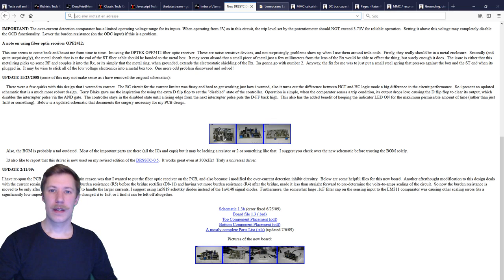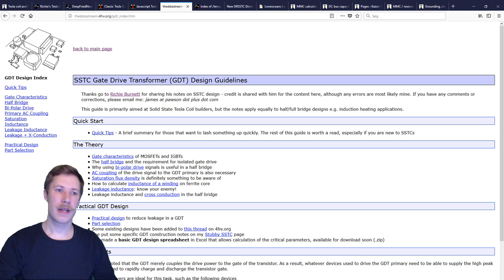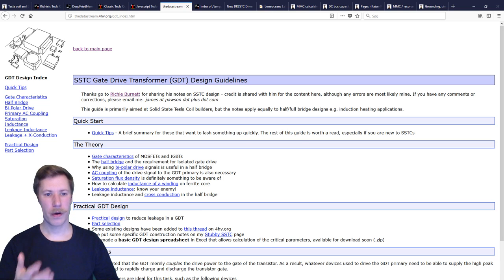So another good site that I would like to promote is the DataStream. When you search for gate drive transformer design, you are most likely able to find this site from Google. It has a very thorough description on the theory and practical GDT design, and a little bit on driver circuits.